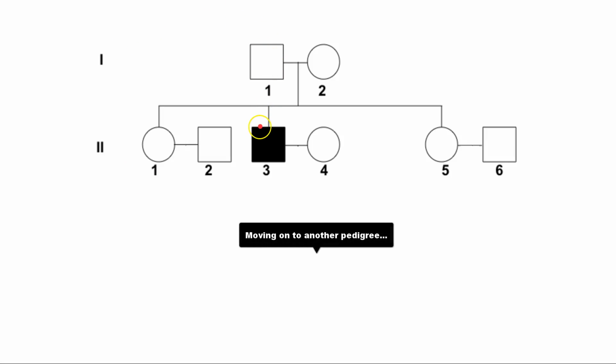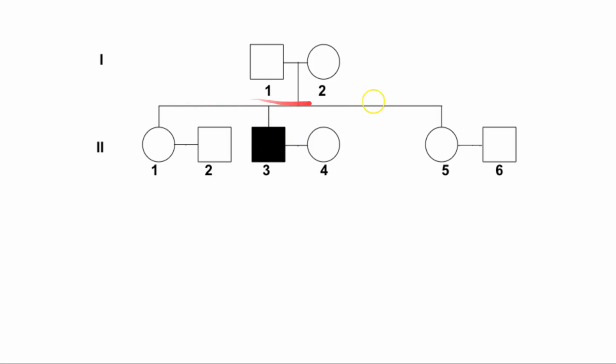So I see here that there's one affected individual, one affected male on the sibling line. And you'll also notice that neither parent has the condition. So it's safe to say that this is an autosomal. No, it's not autosomal. Sorry, it's not safe to say it's autosomal. But it's safe to say that this is a recessive condition.